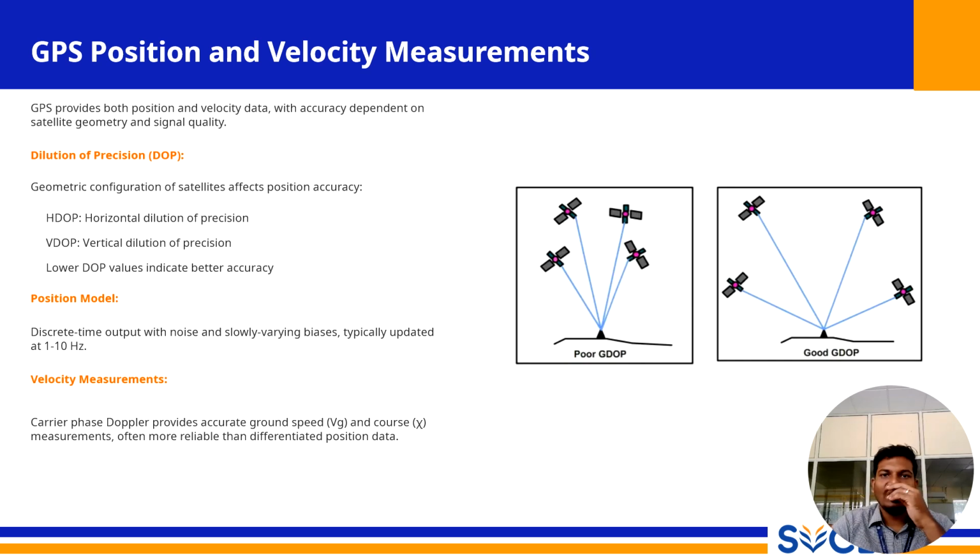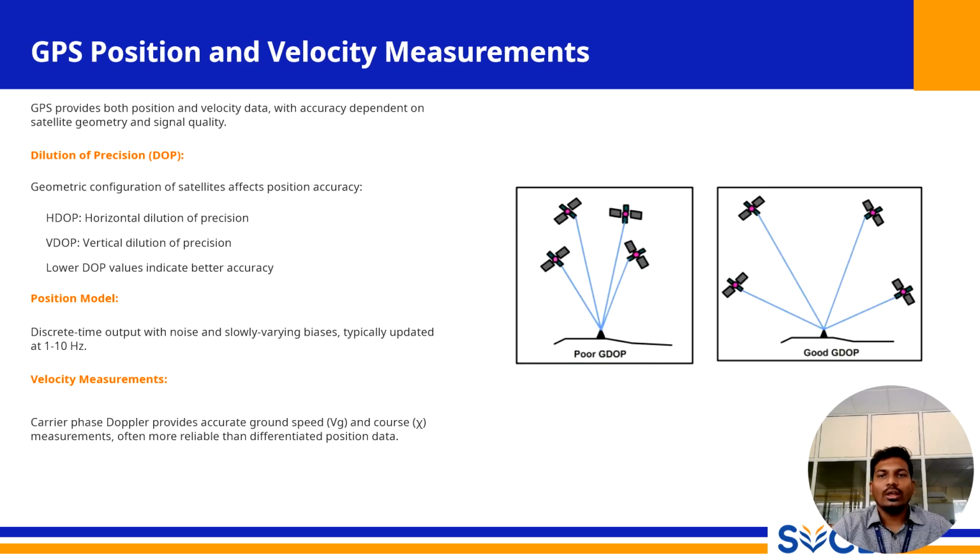In this configuration, any small error in the timing measurement gets magnified, or diluted, into a large error in the calculated position. Conversely, when the satellites are spread wide across the sky, the geometry is strong, resulting in a low DOP value and a much more accurate positional fix.